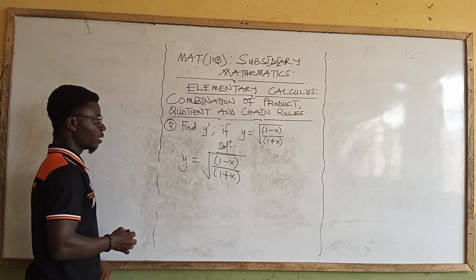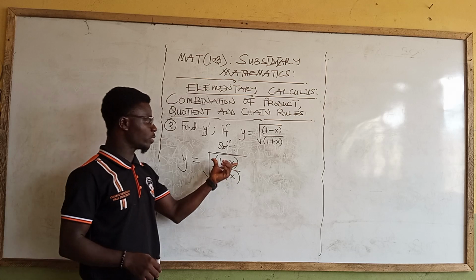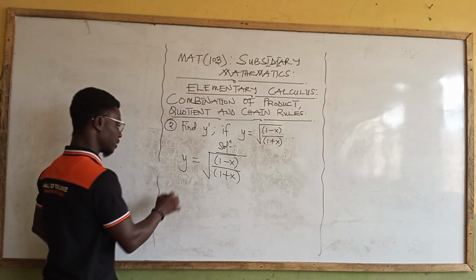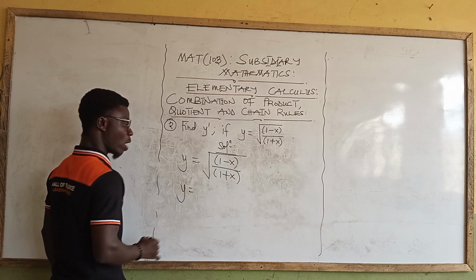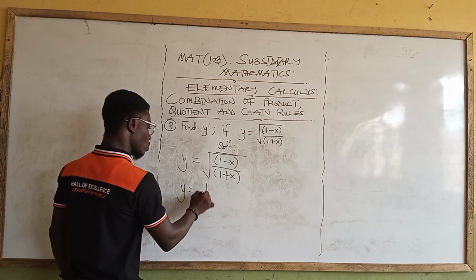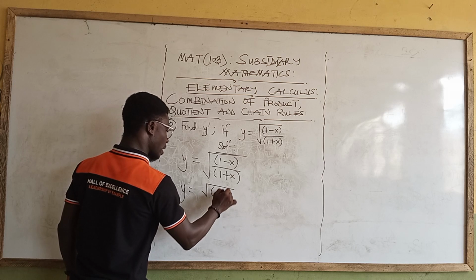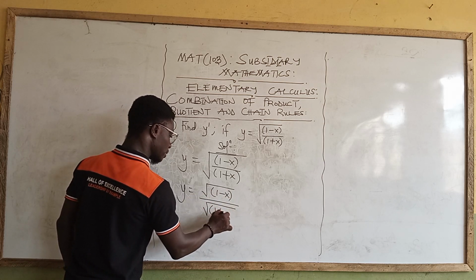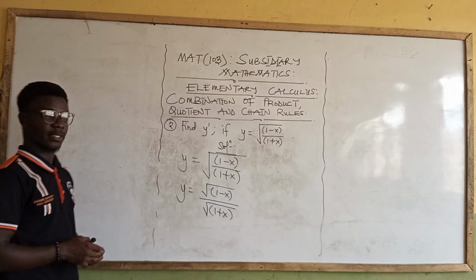Now, we all know that the square root affects the numerator and also the denominator. So I can still write it as y equals the square root of (1 minus x) all divided by the square root of (1 plus x). Can write it as that.